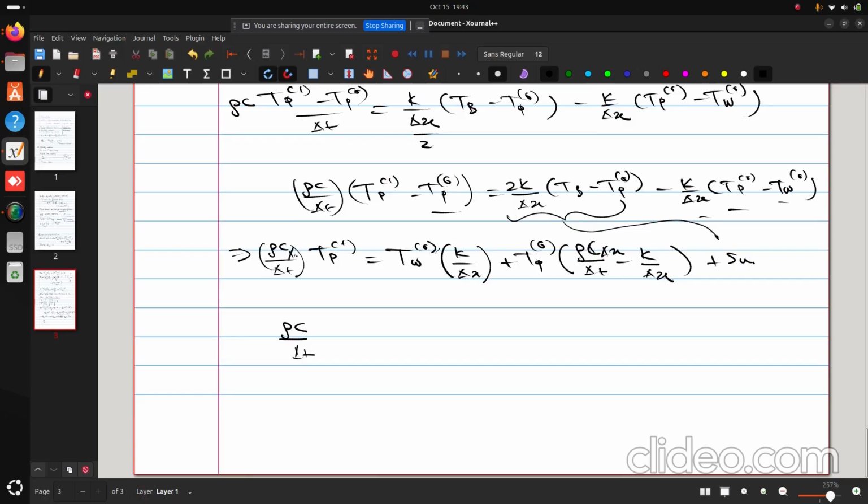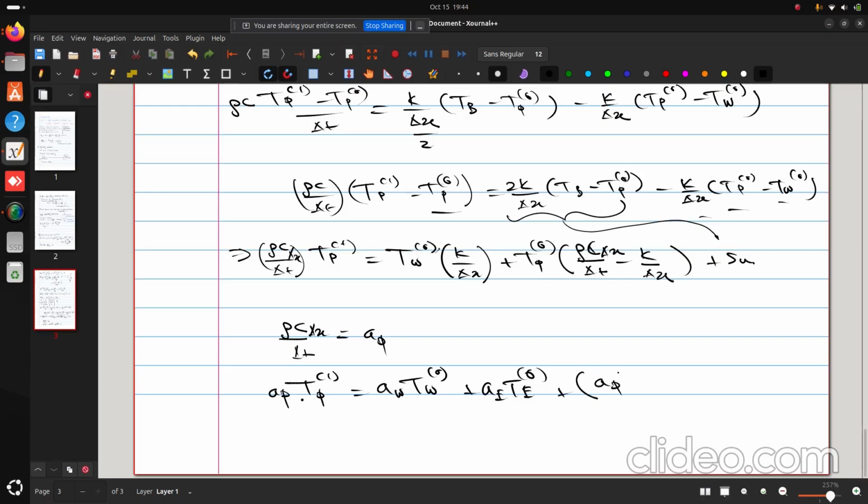So we have rho c delta x given as AP, and so now we can write it as AP TP1 is equal to A west T west naught plus A east T east naught plus AP minus A west minus A east, and a TP naught plus SU.